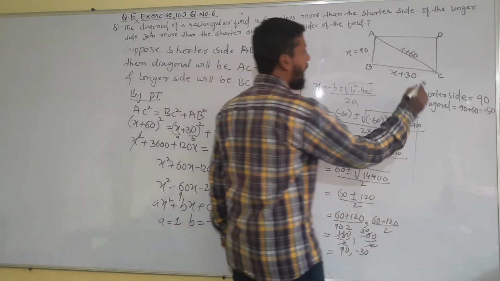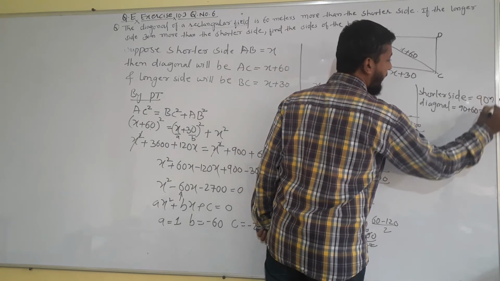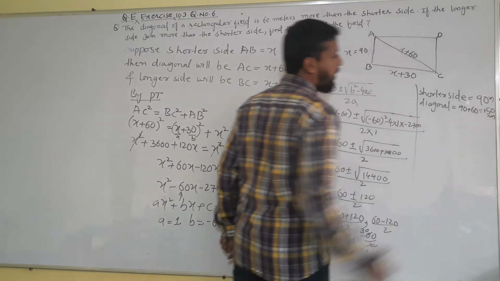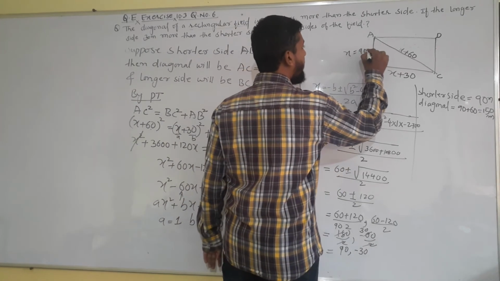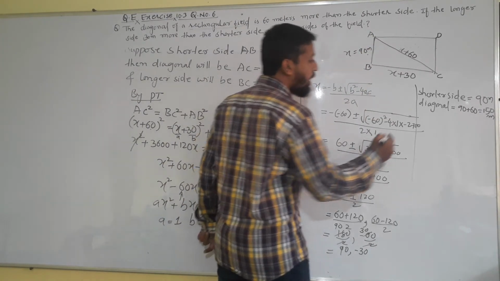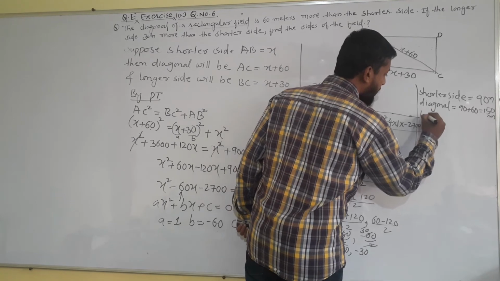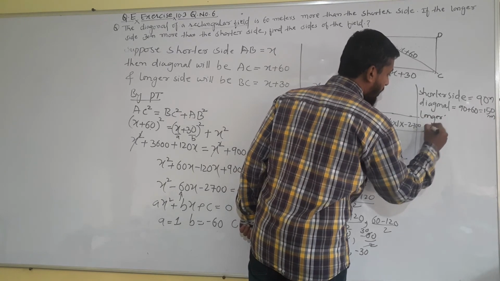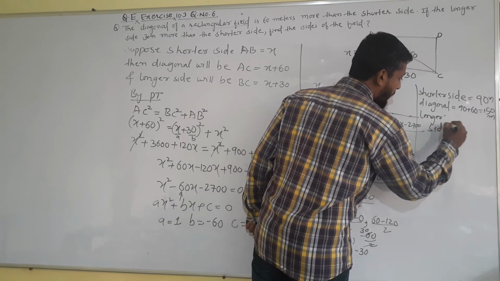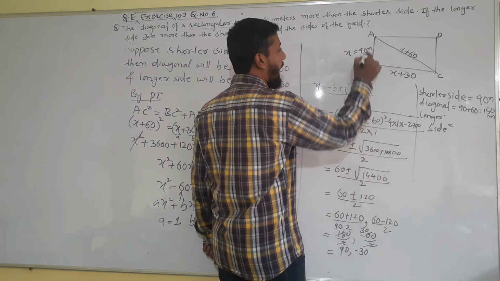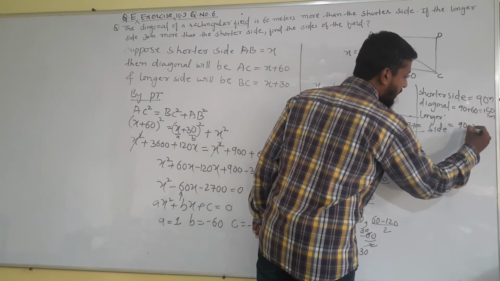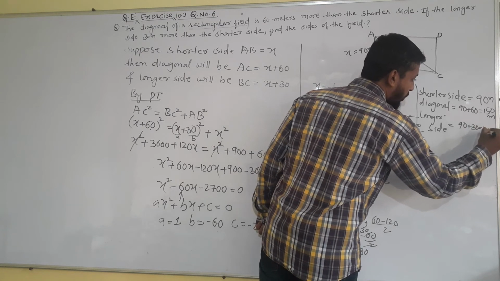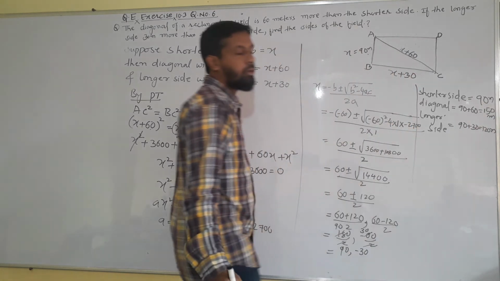So all are in meters. You can say 90 meters. You can say 150 meters. This is also in meters. Now longer side is equal to x plus 30. X is how much? 90. 90 plus 30 is equal to 120 meters.